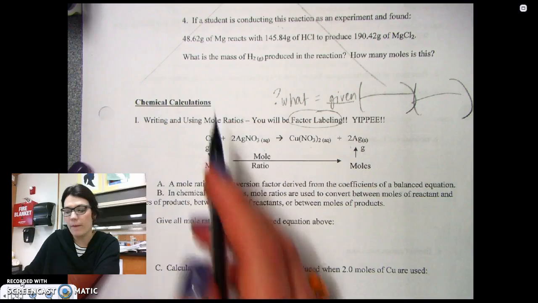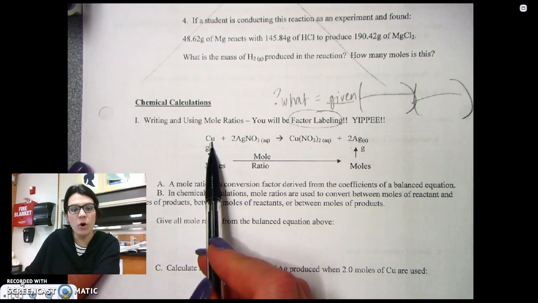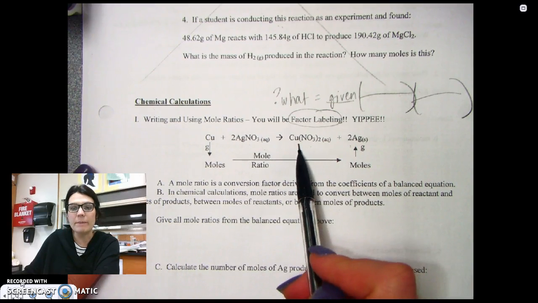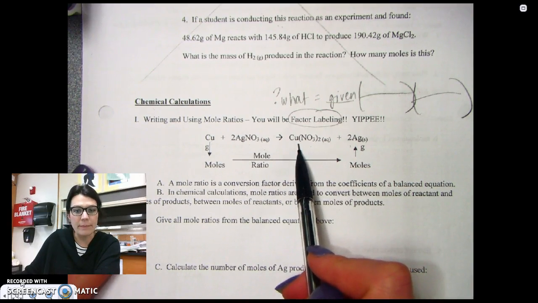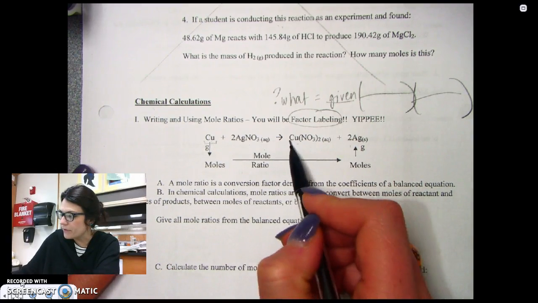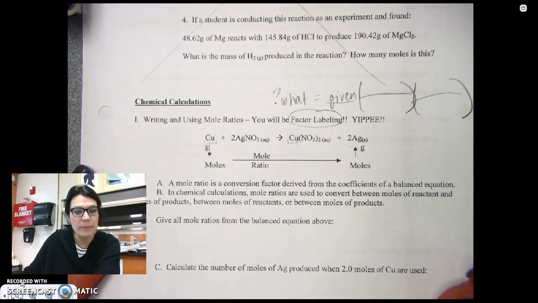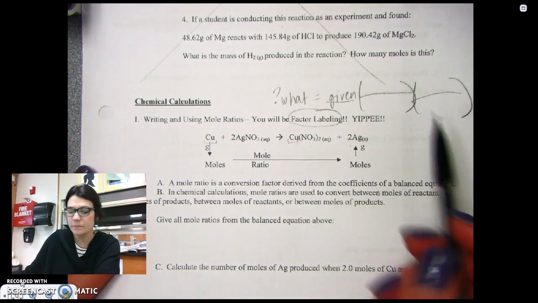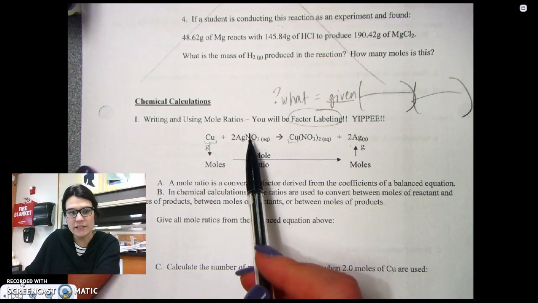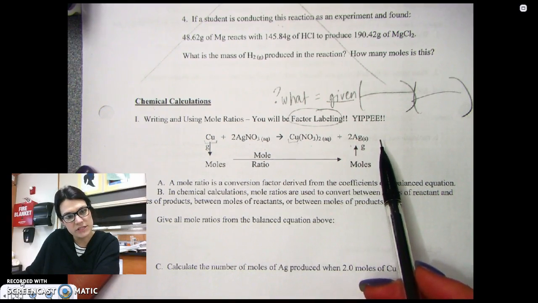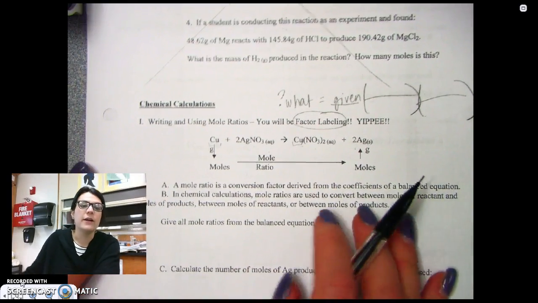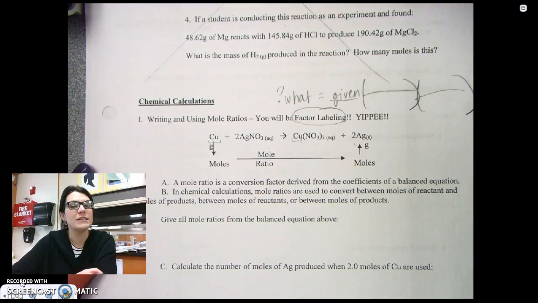So for example, if I'm starting with 1 mole, because there's a 1 coefficient in front of the copper, ultimately I can make 1 mole of copper nitrate. And that makes sense, right? Because there's 1 copper here and 1 copper inside of copper 2 nitrate, okay? If I start with 2 silver nitrates, I ultimately can create 2 silvers, okay?